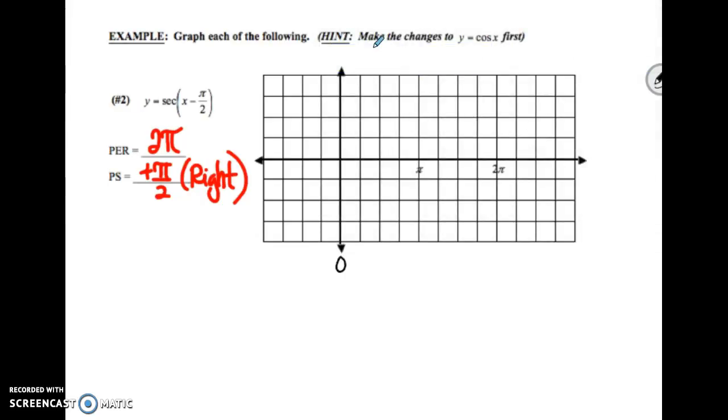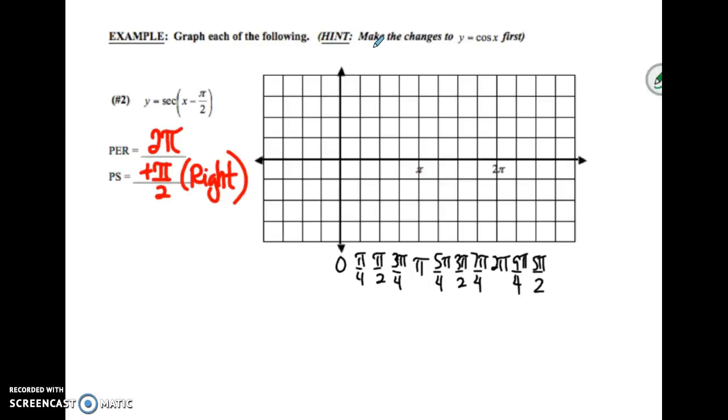So this is 0, this is pi over 4, pi over 2, 3 pi over 4, pi, 5 pi over 4, 6 pi over 4 is 3 pi over 2, 7 pi over 4, 2 pi, and then 9 pi over 4, and 10 pi over 4 is going to be 5 pi over 2.